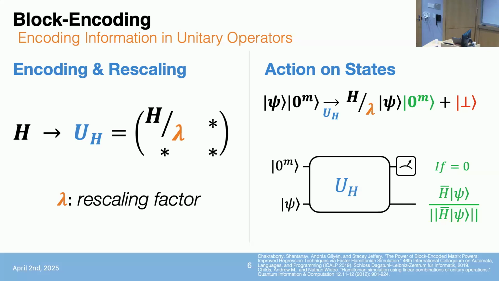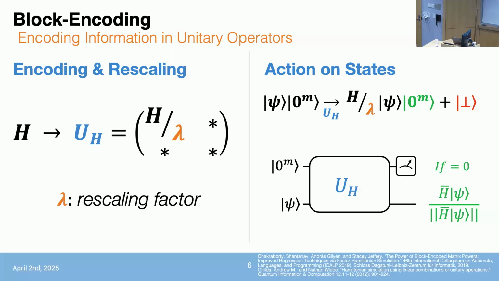One example might be that I want to apply H squared onto my system, but I only have access to U_H. I could apply U_H, measure until I get 0, keep discarding my state until I get 0, and then apply U_H again. I do the same thing until I get all 0 again. And then I've got H squared on my system.